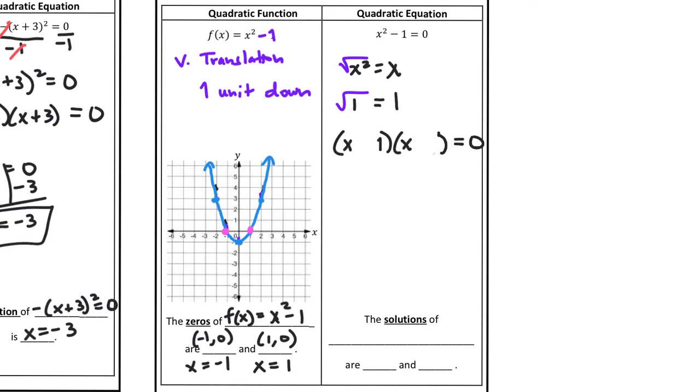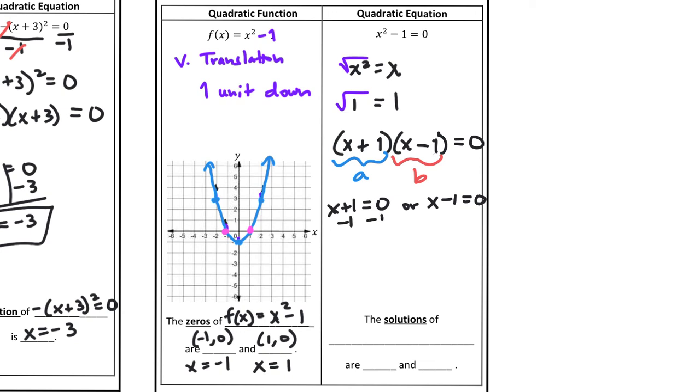I have 1 and 1, and one of them is plus, the other is minus. So if this is my a and my b, that means that either x plus 1 equals 0 or x minus 1 equals 0.